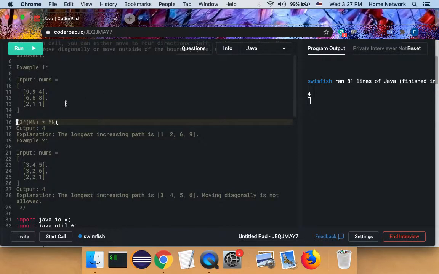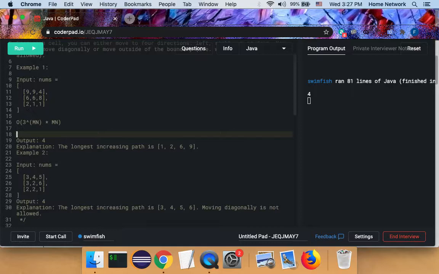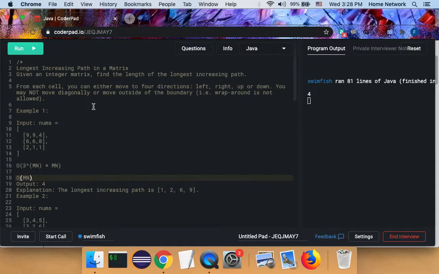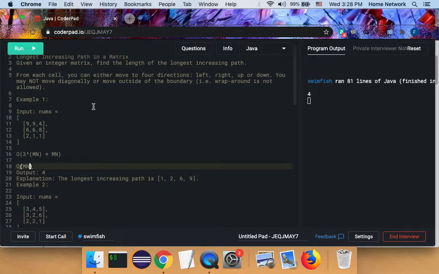So instead of making that decision which direction to explore, we can use memoization. For each position, we can make an mn matrix to store the longest increasing path we can possibly find at each location.